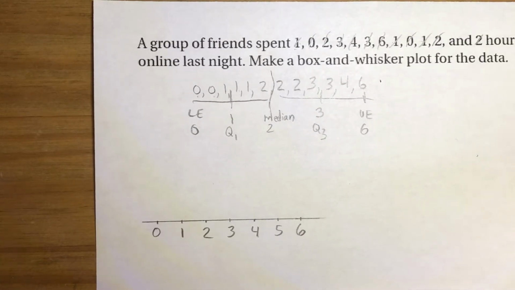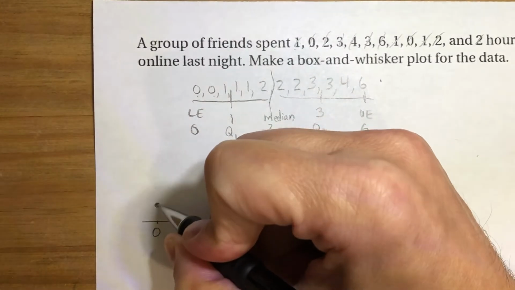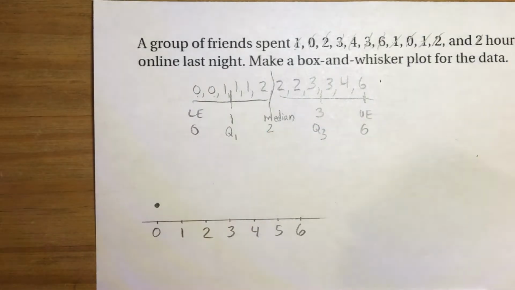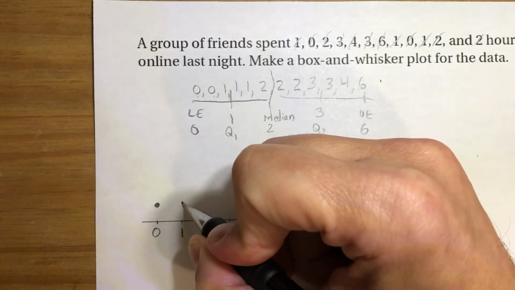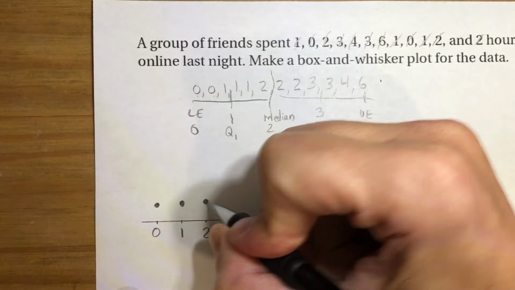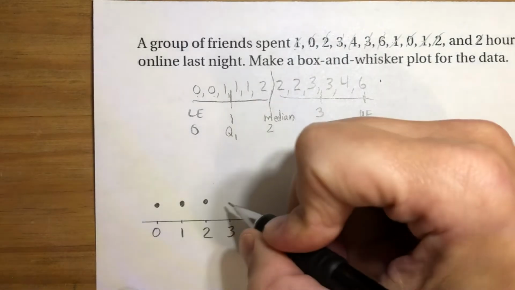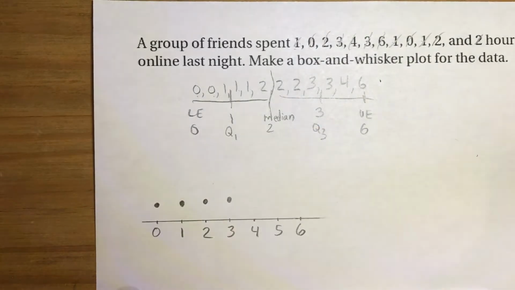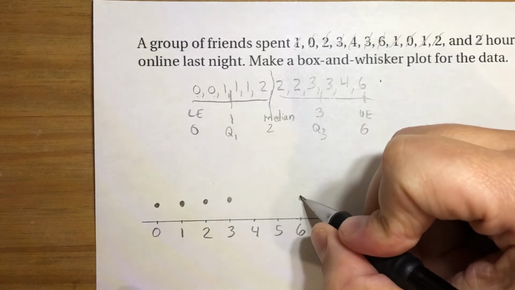And I'm going to plot a dot for my lower extreme. I'm going to plot a dot for my lower quartile or my quartile 1. I'm going to plot a dot for my median. I'm going to plot a dot for my quartile 3. And I'm going to plot a dot for my upper extreme.